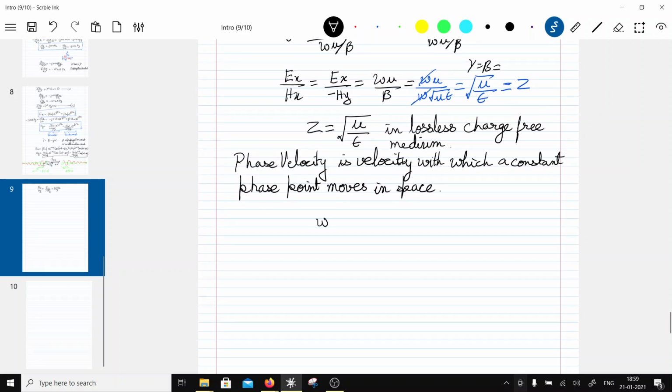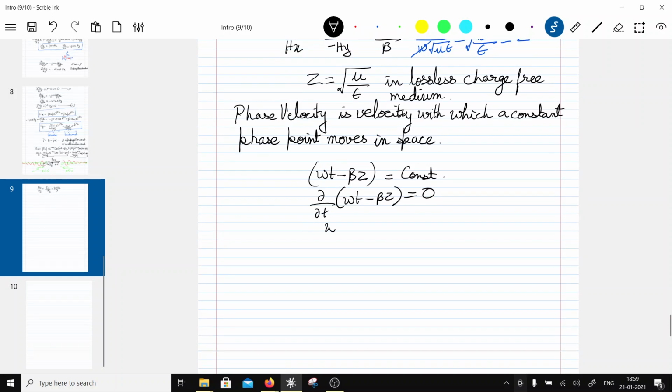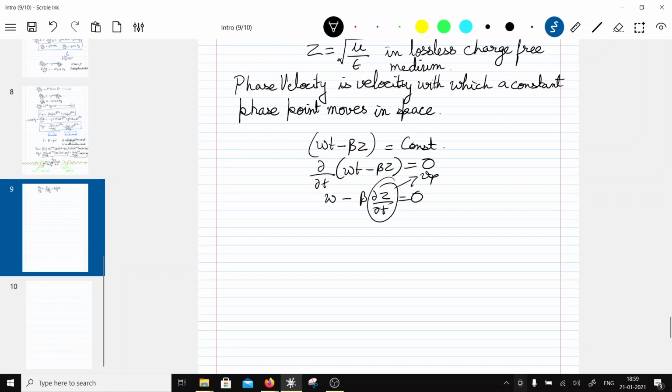So we know that the phase is given by that. Correct? So if this is going to be constant, then if I take a derivative with respect to time of this, it should be equal to 0, right? So what do I have? I have omega minus beta dz by dt is equal to 0. Then this dz by dt is nothing but phase velocity Vp. So I have Vp is equal to omega by beta.